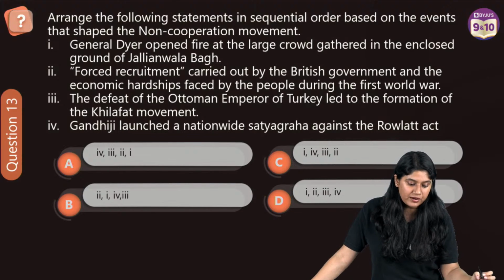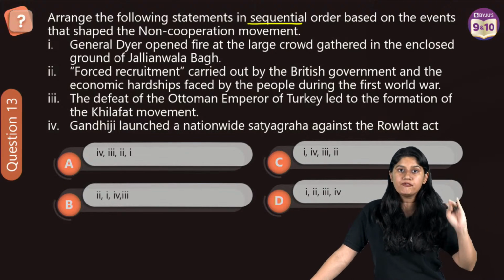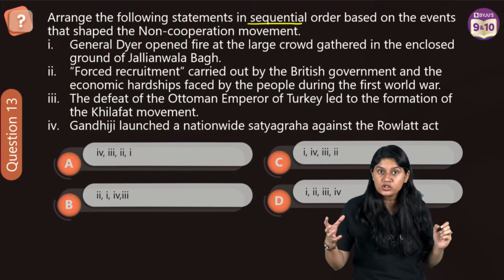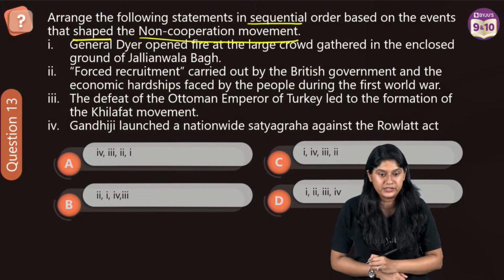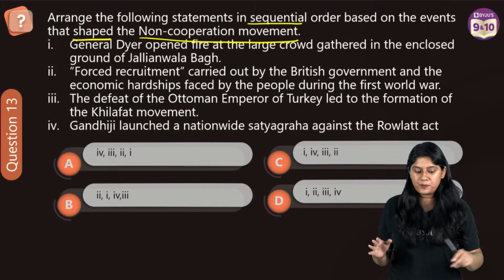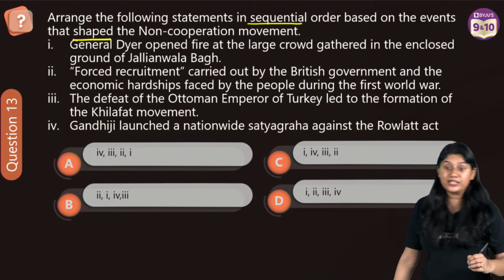So what we have over here, everyone, is different events that have happened, and we have to arrange them in a sequential order that helped in shaping the non-cooperation movement. So let's take a look at the options.